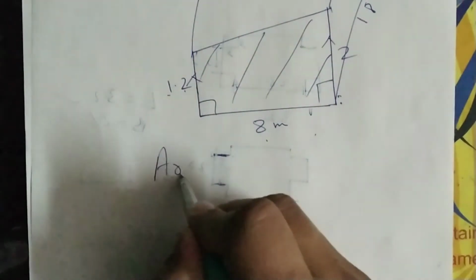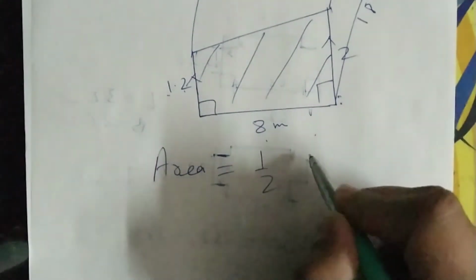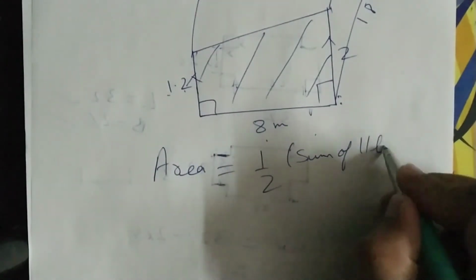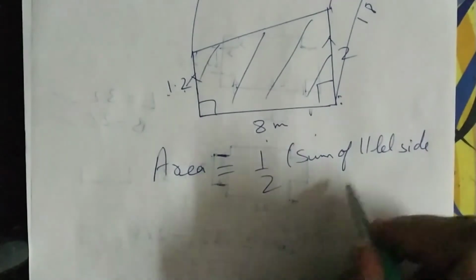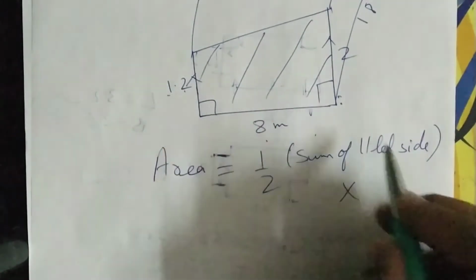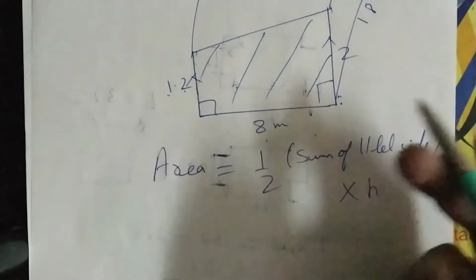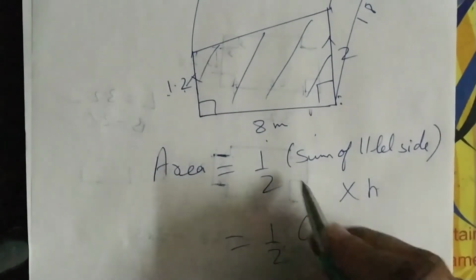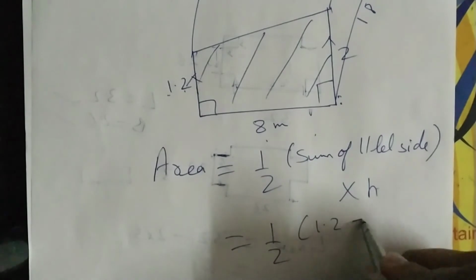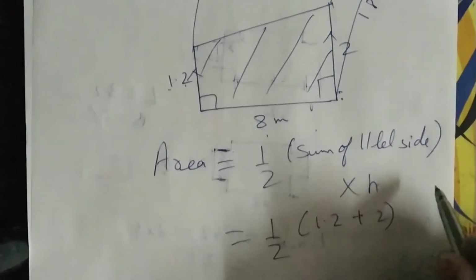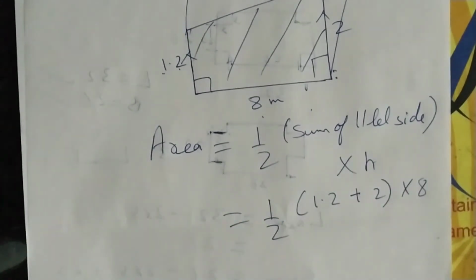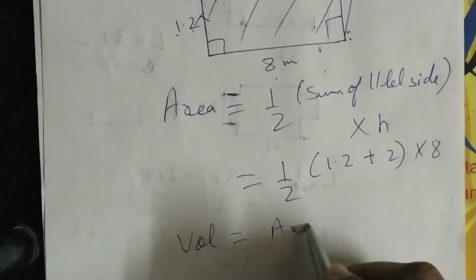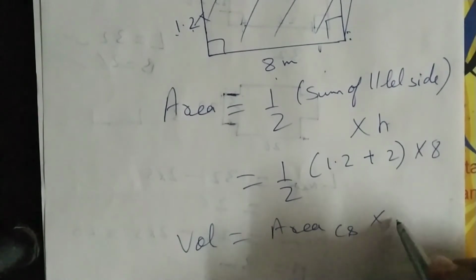So area of trapezium, you all know, is half into sum of parallel sides multiplied by distance between them, or we call it height, which is equal to half into 1.2 plus 2 into 8. Now capacity or volume is equal to area of cross section multiplied by length.